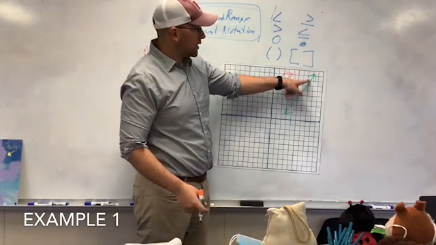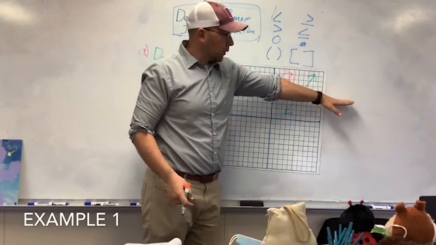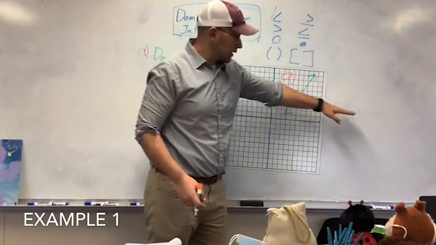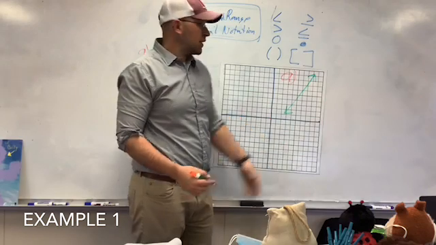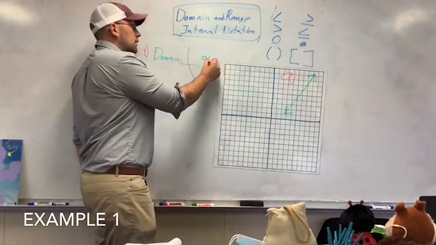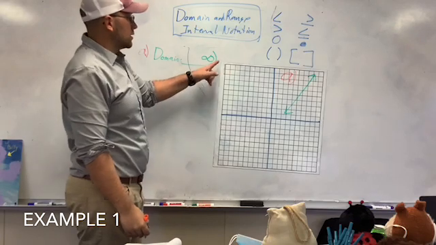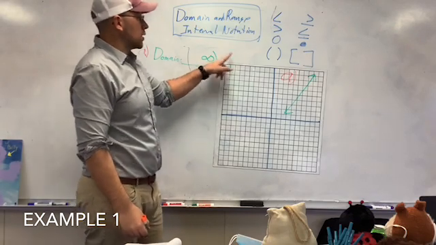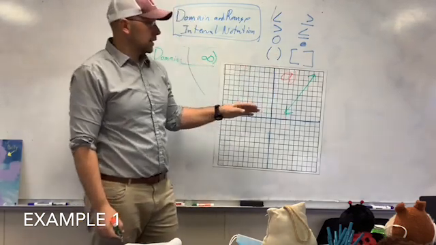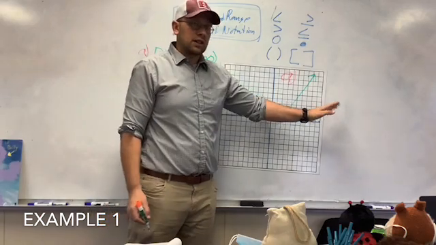So where is this one right here going on to the right? It's going on forever and ever, or infinity. And it's always a parenthesis in this case, because you can't actually get to infinity.